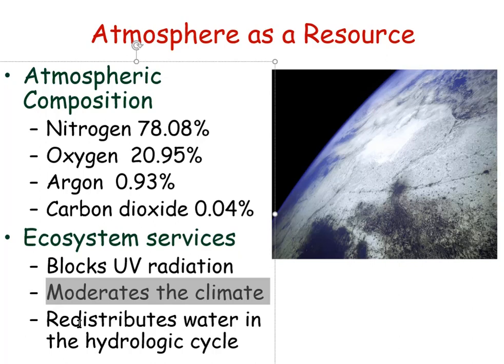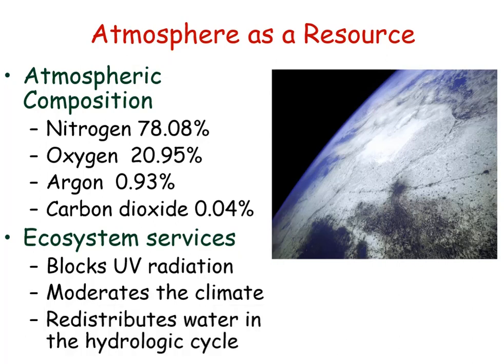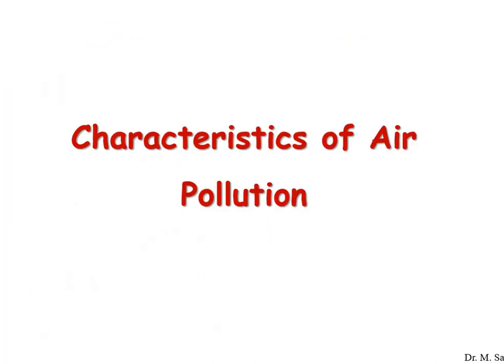If there is no air around us, our climate will be very harsh, and it will also redistribute the water in the hydrologic cycle, like making vapors from the sea water and the river water, making clouds, and the clouds come back in terms of rain onto our ground. So this is the ecosystem service provided by the atmosphere.